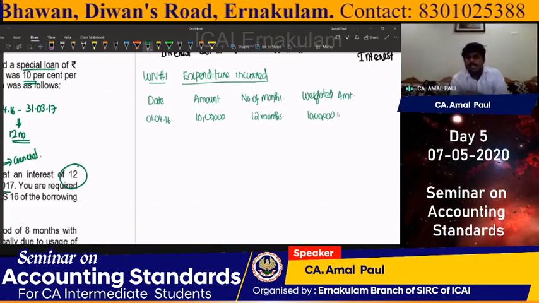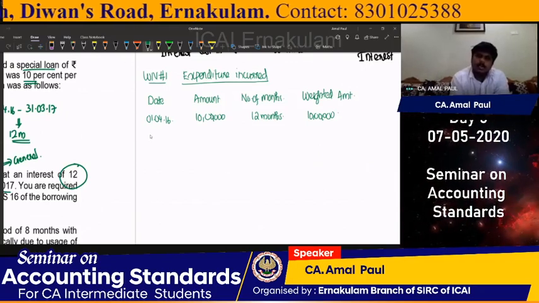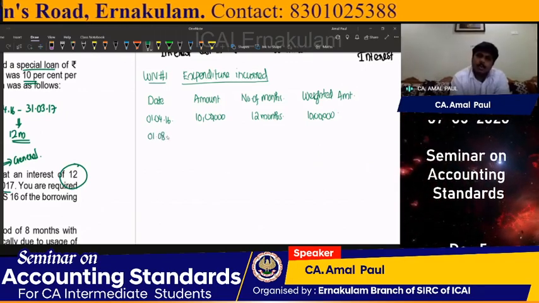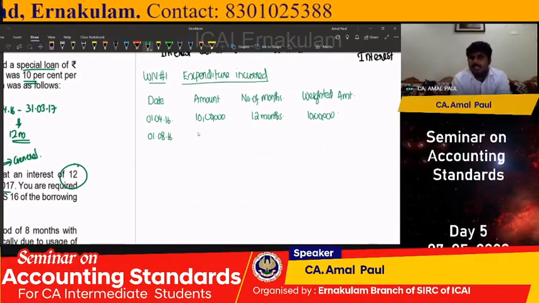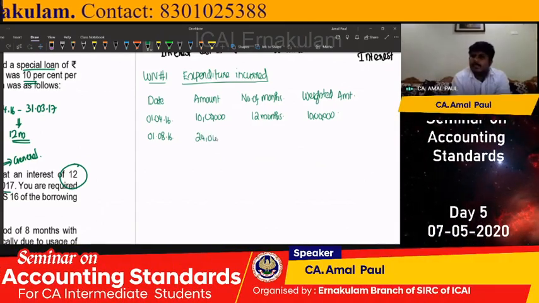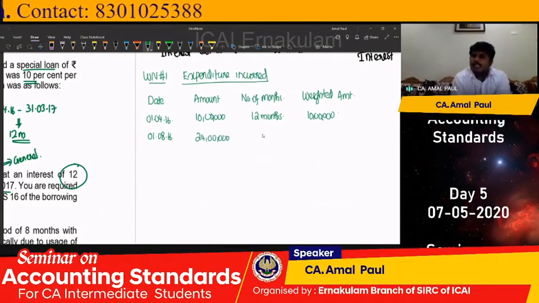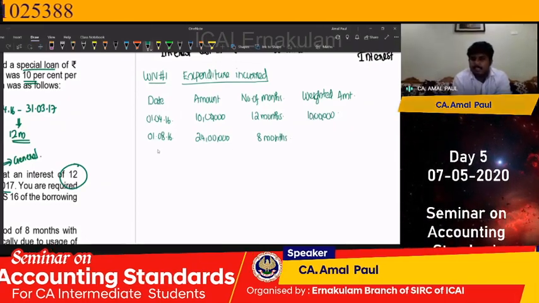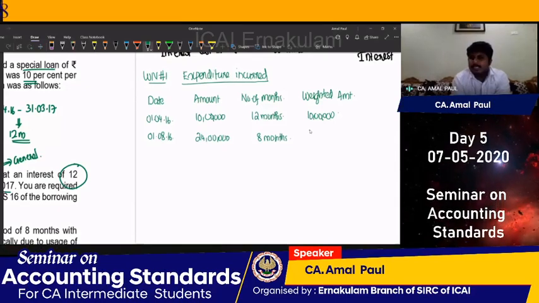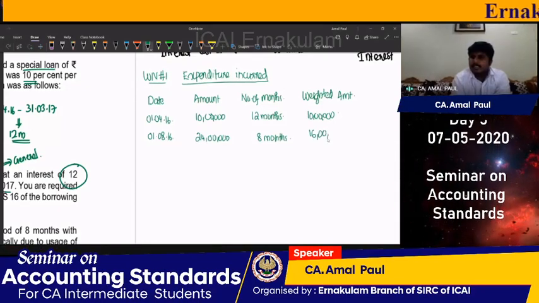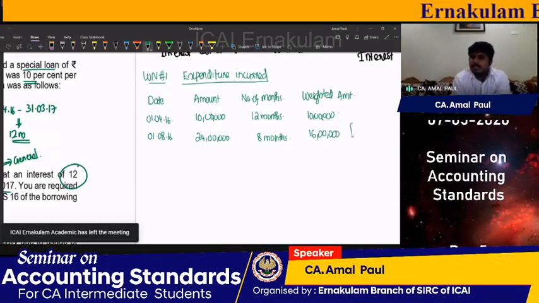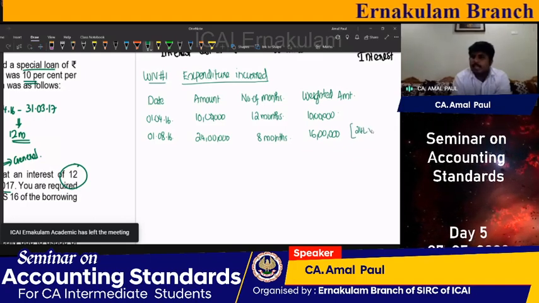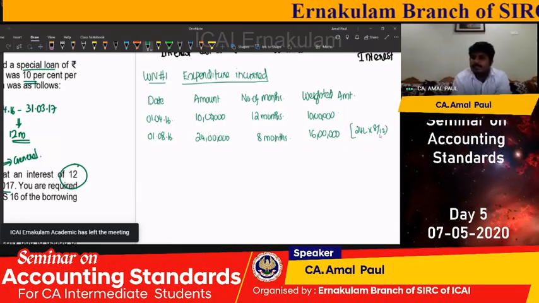The next one, you had incurred an expenditure on 1/8/2016, that is 24 lakhs. There is 8 months you had used this amount. That means 16 lakhs. How 16 lakhs? 24 lakhs into 8/12.